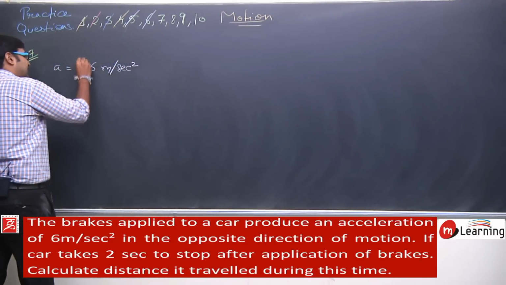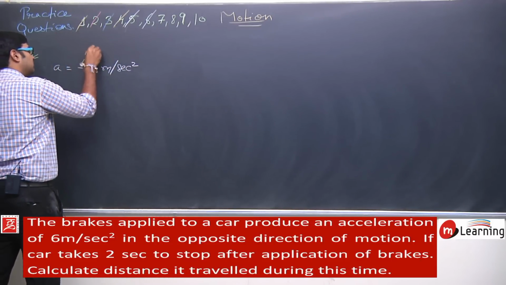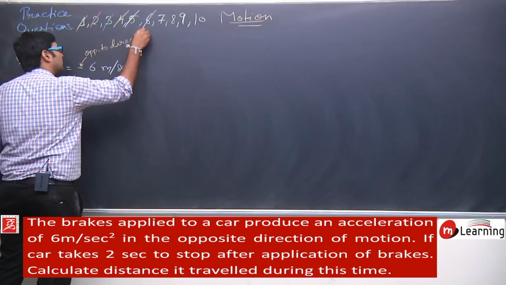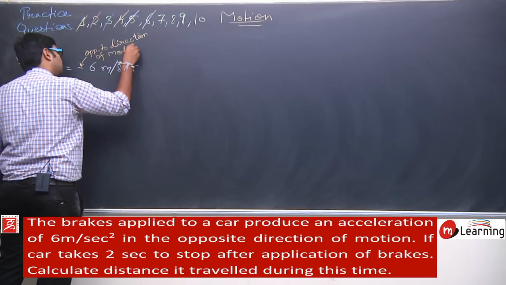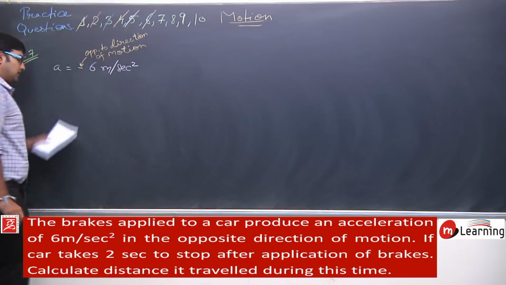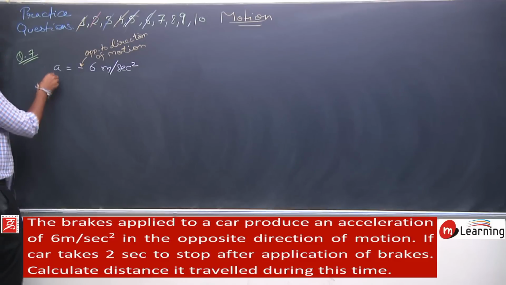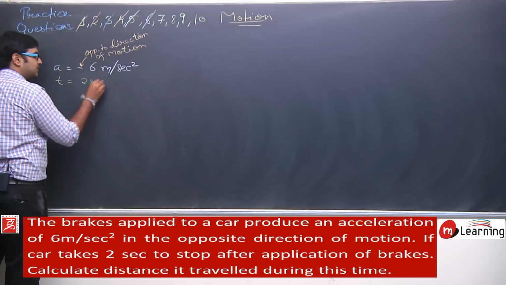So this negative sign represents opposite to direction of motion. And then the time is also given. Time to stop, t, is 2 seconds.